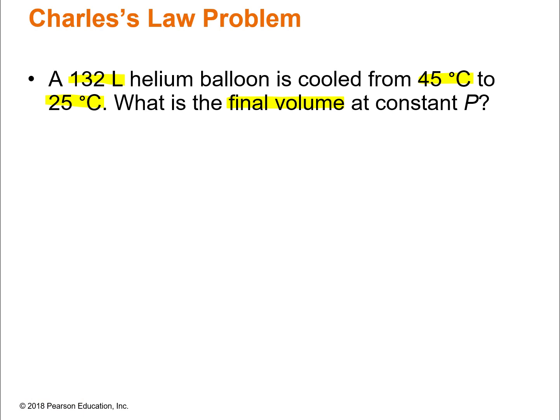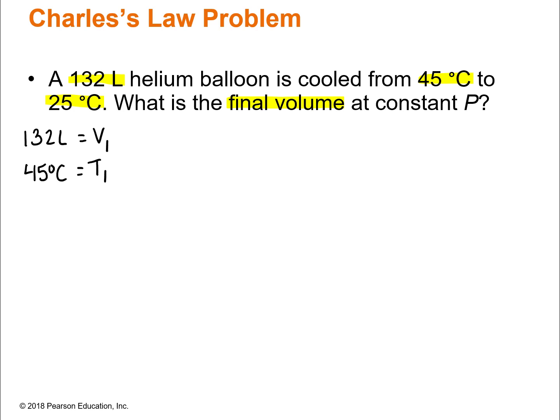Let's write out what variables we have, and that will show us which gas law we need. 132 liter helium balloon. That sounds like an initial condition to me, and it's a volume. It's cooled from 45 degrees Celsius, so that must be our initial temperature.